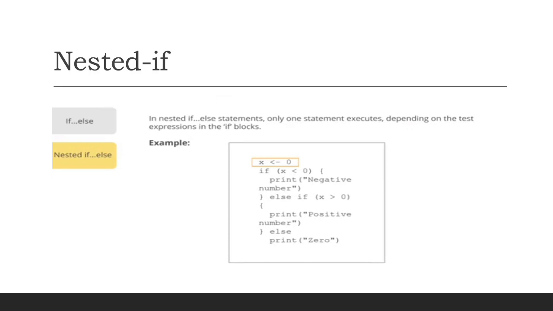But if it is equal to 0 or greater than 0, it goes to the else part, and inside the else part we check whether x is greater than 0. If so, it is a positive number, or else x is equal to 0, so print 0. So this is the way we can use nested if. I think there is no doubt in nested if.